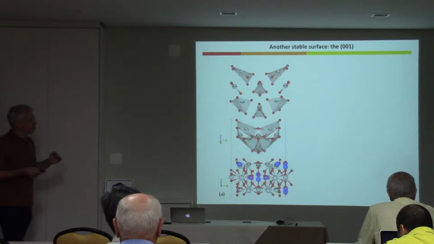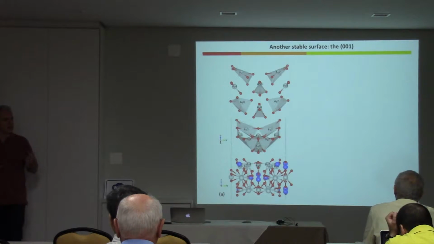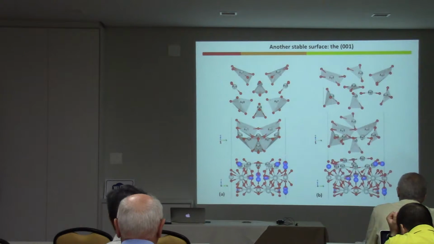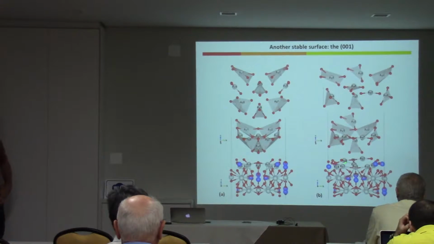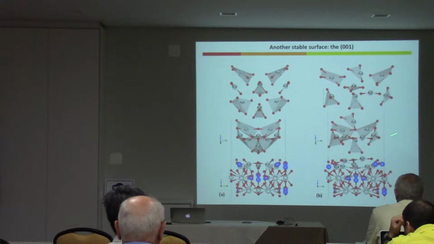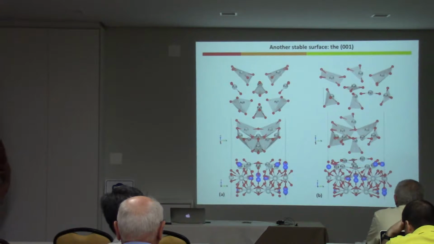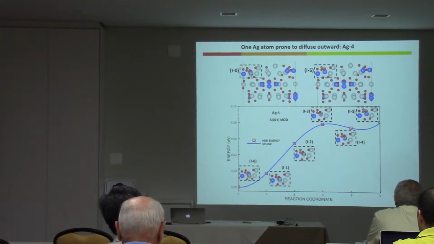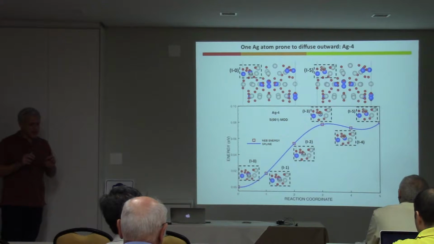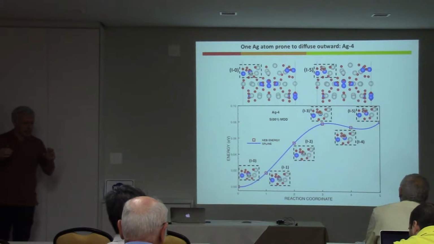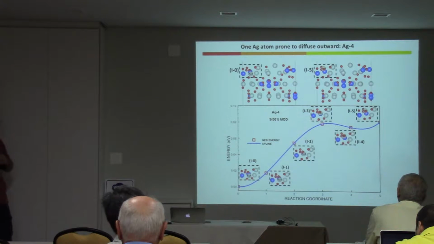However, I am using ab initio molecular dynamics simulations. We found that this surface can reconstruct: the atoms from the first layer rearrange strongly, and they can change to this kind of clusters now. So we again try to study the surface, looking at the different silver atoms that can initiate the diffusion process.